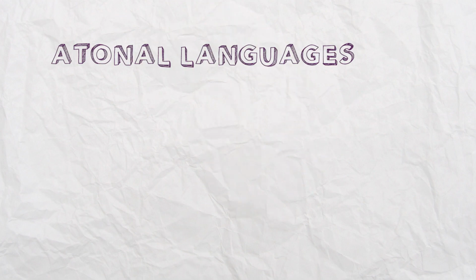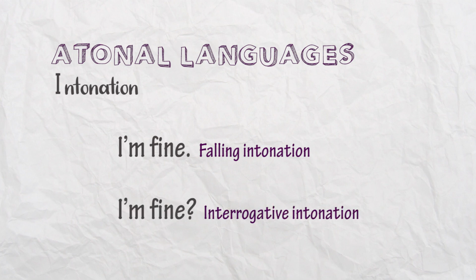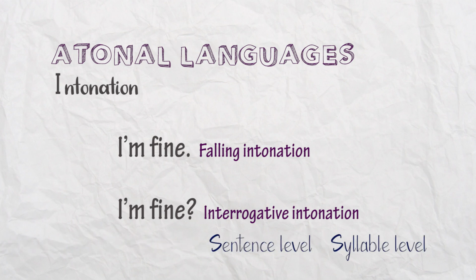If you come from an atonal language background, probably you're familiar with the concept of intonation. For example, in English, I'm fine, just falling intonation. And then if I say I'm fine, that's the question, interrogative intonation. I guess you need to apply that at the syllable level, not at the sentence level. Then that would be your best attempt, but obviously you will need a lot of practice.